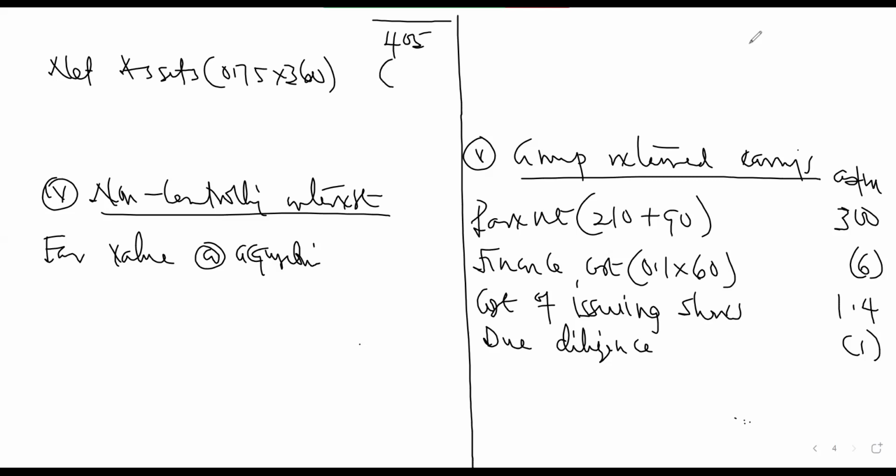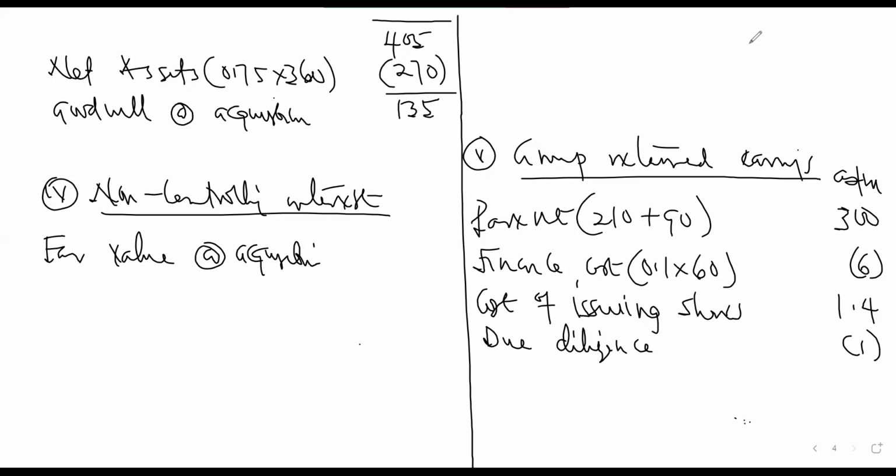Okay. How much are they paying for that? 405. So what will be the excess amount? 135. Okay, so we have a goodwill at acquisition of 135.